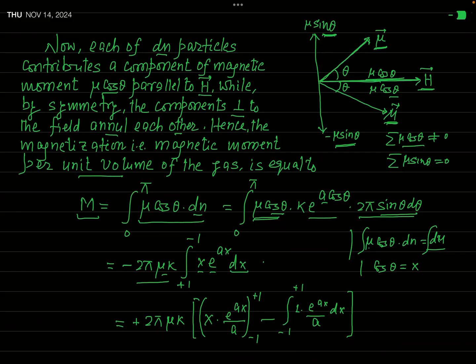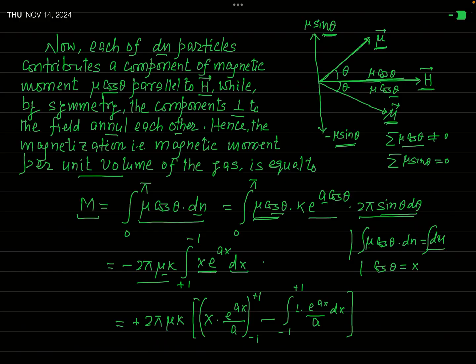Now you can see the integrand is actually the product of two functions. First function is x and another is e to the power ax. So we must follow the method of integration by parts for simplifying this integral.